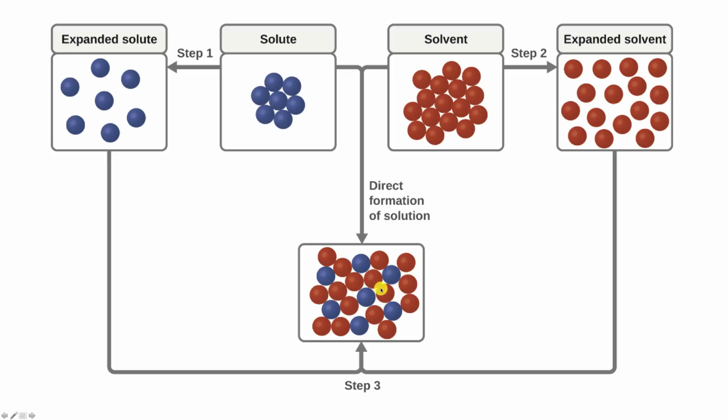And then, of course, once we've expanded the solute and expanded the solvent, we can imagine putting them together in a mixture, in a solution, and now we have solute and solvent particles all mixed and next to each other. Now, of course, solution formation doesn't really occur via this three-step process. This is just a way to visualize it, but it helps us focus on the solute-solute attractions, the solvent-solvent attractions, and then when the solution forms, we then have solute-solvent attractions to consider.